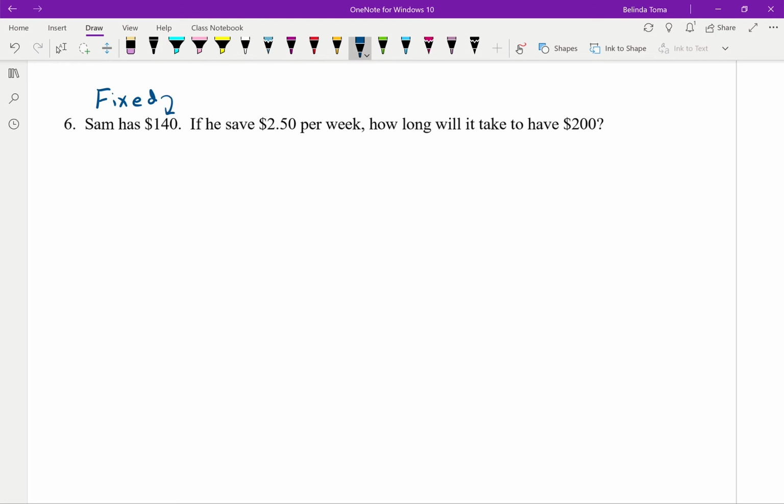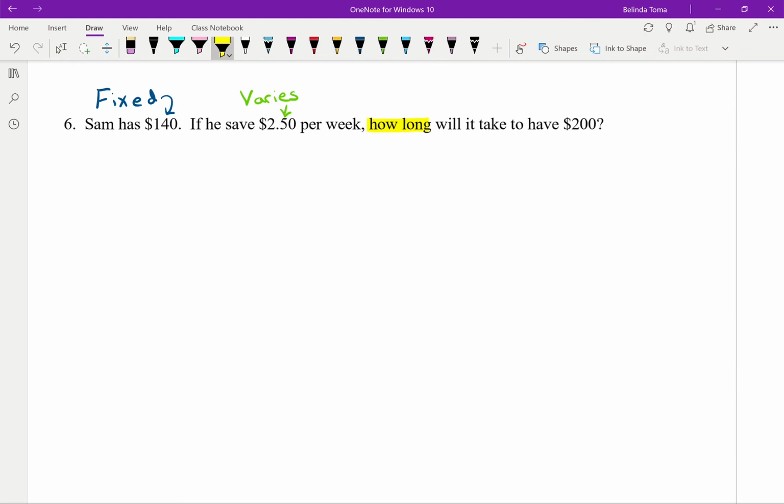That's a fixed amount that he has, and we can't take it away from him. But then we say, oh, well, the $2.50 per week, this varies. Okay, and then we want to know how long will it take to have $200.